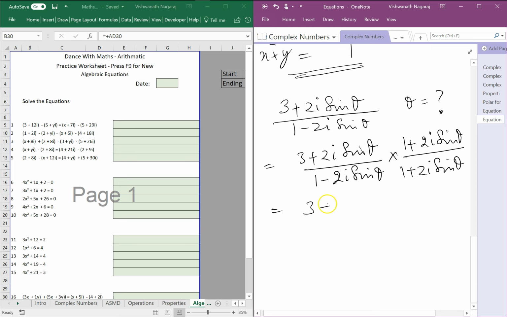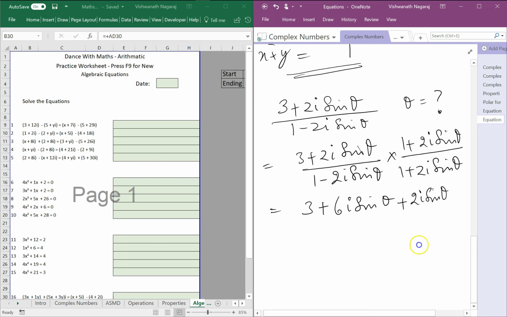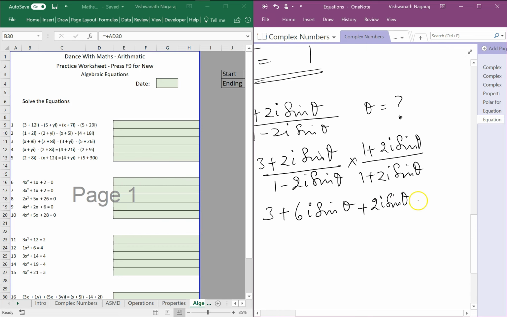Okay, so distributive property: 3 plus 6i sine theta plus 2i sine theta plus 4i square sine square theta, divided by 1 square minus 2i square sine square theta.